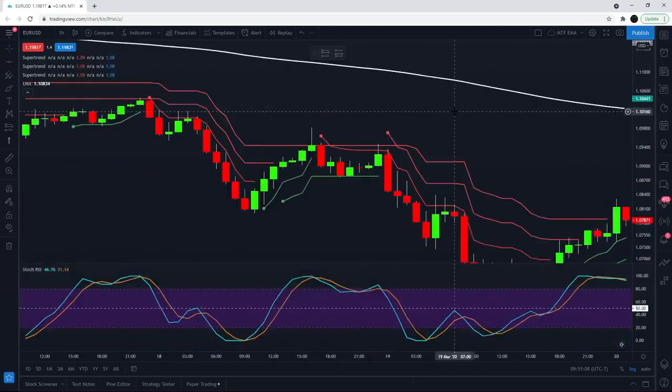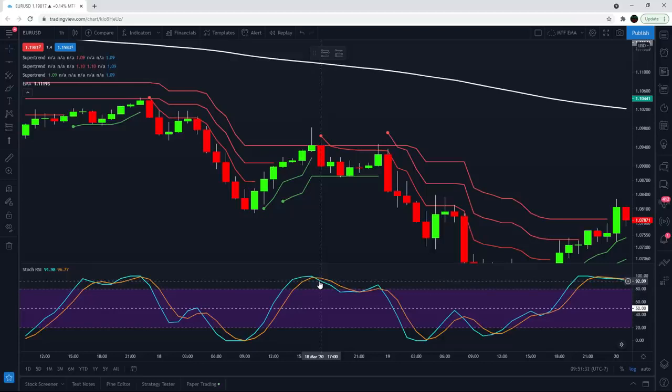The first rule with this strategy is you can only take short positions when price is under the 200 EMA, and you can only take long positions when price is over the 200 EMA. The next rule is for a short position, you can only take a short when the stochastic RSI goes into the overbought territory over the 80 and then crosses down.